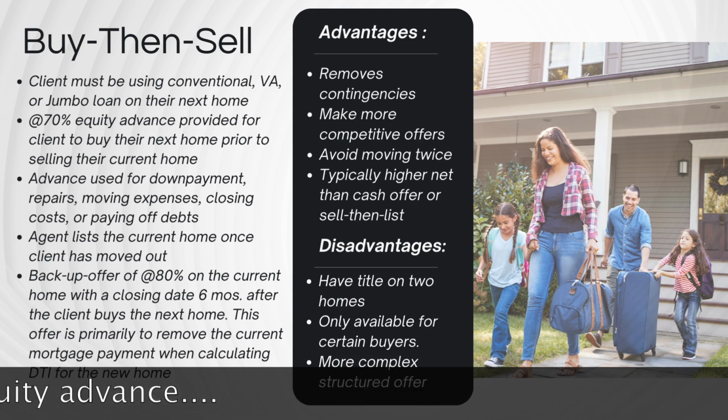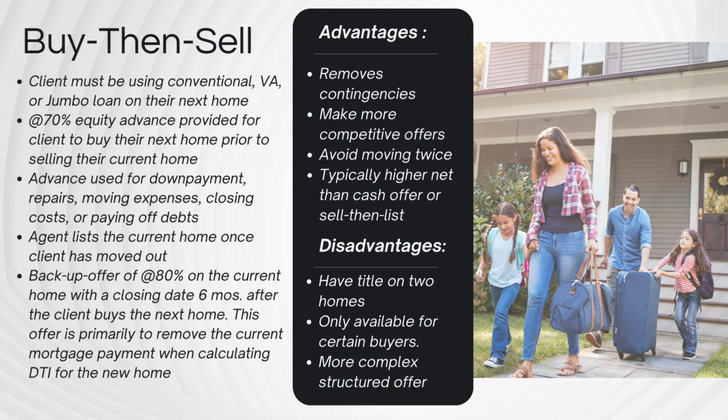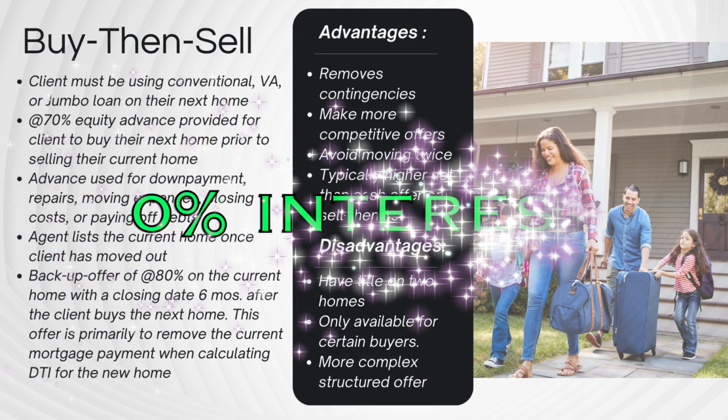And so they will give you the equity advance amount so you can utilize that to put a down payment on your new house, to fix your old house, to move, closing, anything related, whatever it might be, they're going to front you that money, and it's going to be at 0% interest.